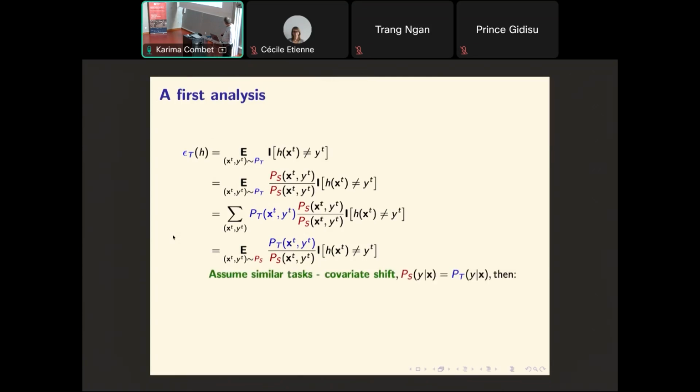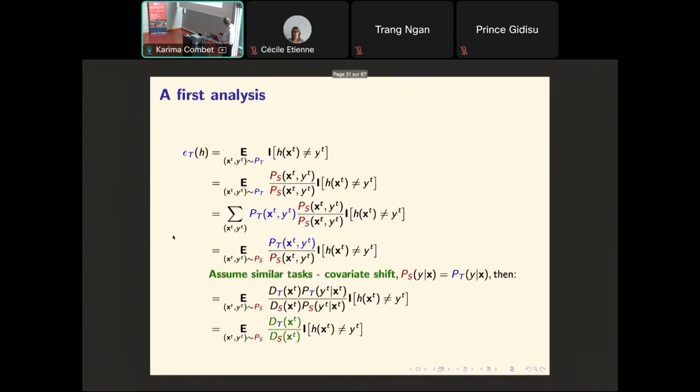Then if I assume that I have covariate shift, so the probability of a label given an instance is the same across the two distributions, then using Bayes' rule, I can obtain this, and these two terms will cancel out, and then the error on the target becomes the expression over the source domain of the ratio of the target over the source times the loss.